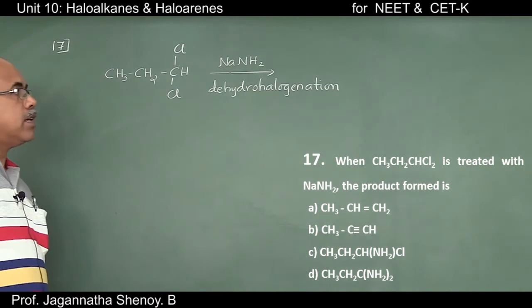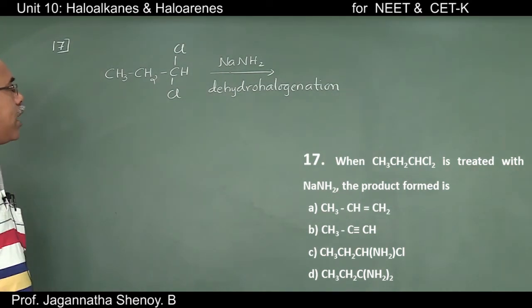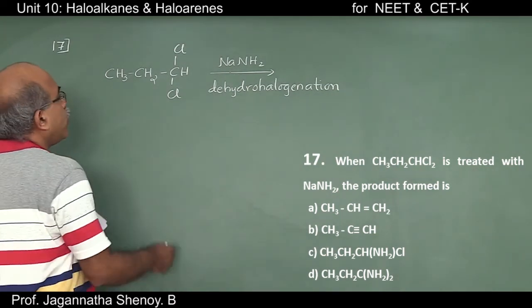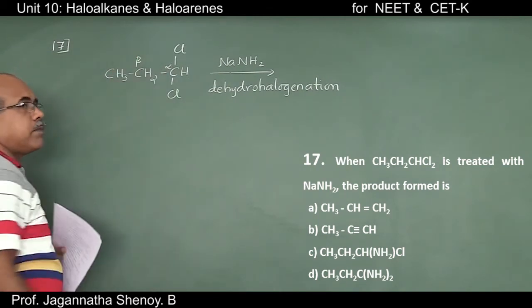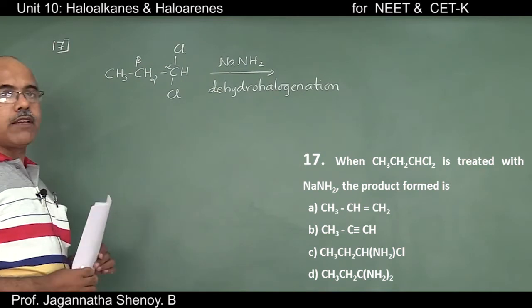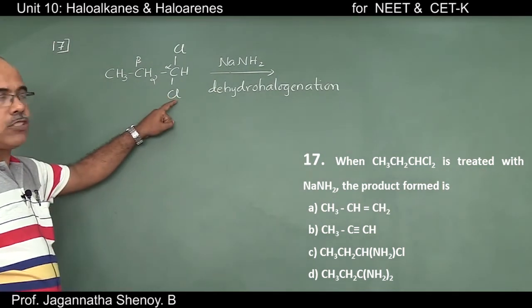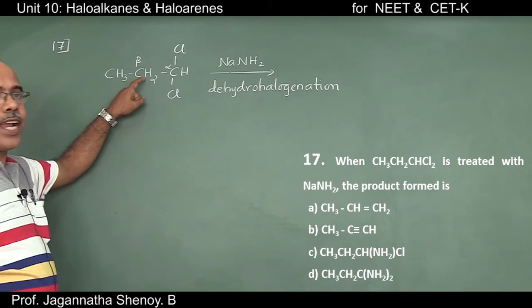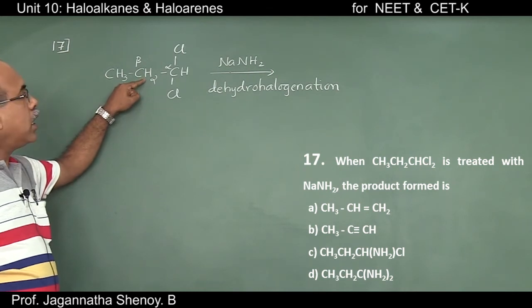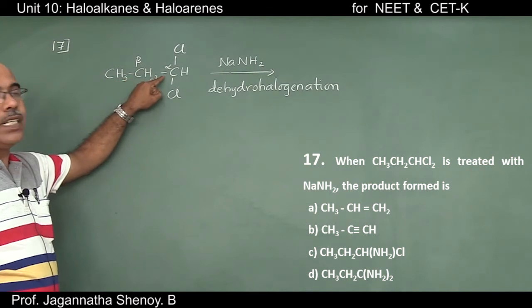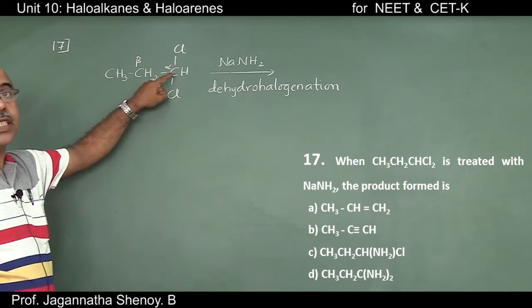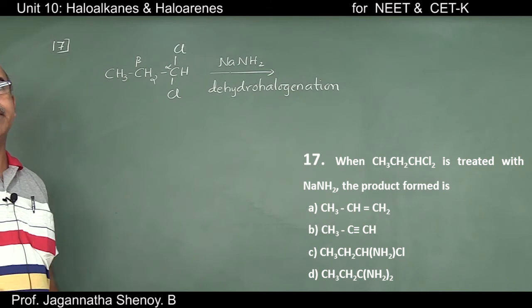So what should happen during dehydrohalogenation? I've already told you, this is an alpha carbon atom, this is a beta carbon atom. So in the first step, one halogen from alpha, one hydrogen from beta should go. As a result, in between alpha and beta carbon atom, double bond will be formed to satisfy tetravalency.